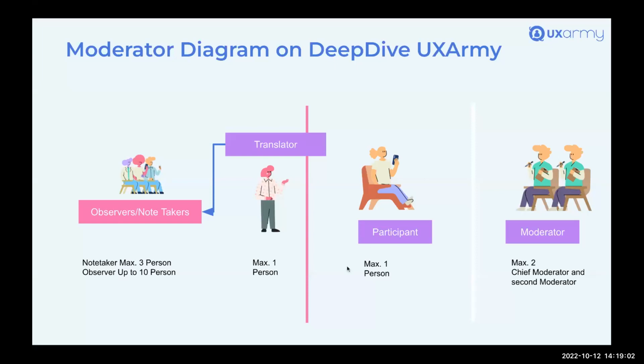And the participant is maximum 1 person using one unique link. Also translator and observer and note takers can join using the same link as a team. But then it is maximum 3 for note taker and observer up to 10.